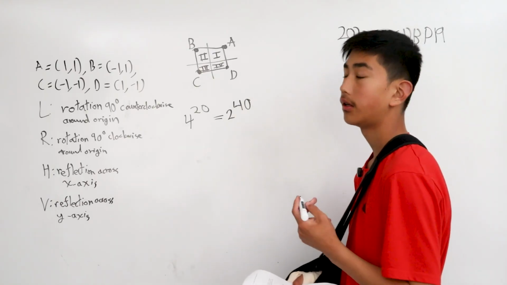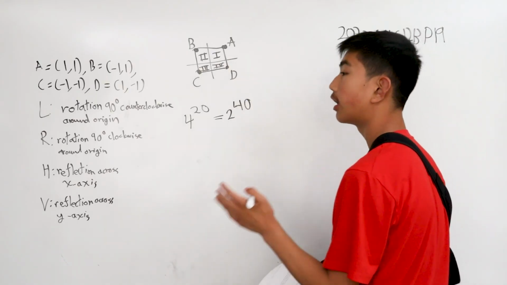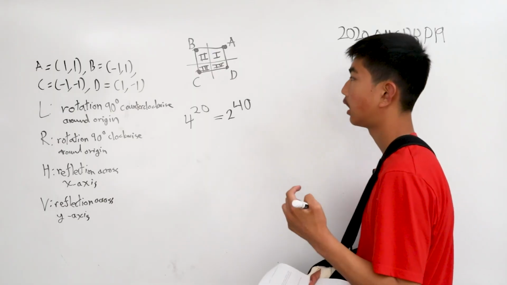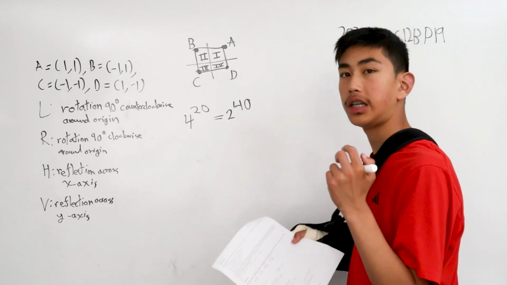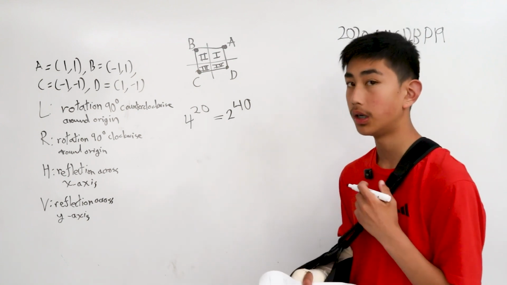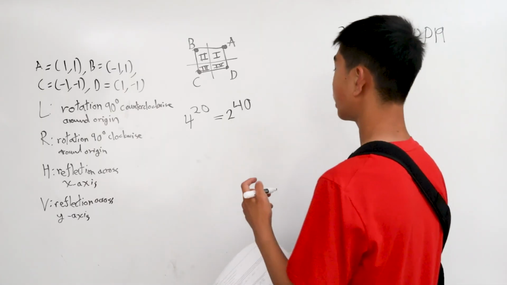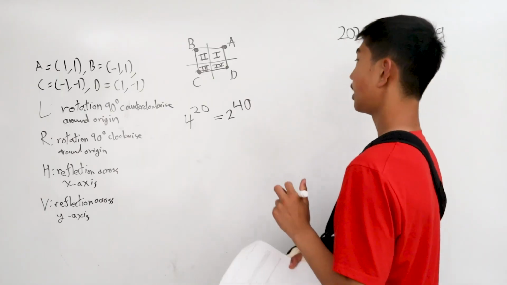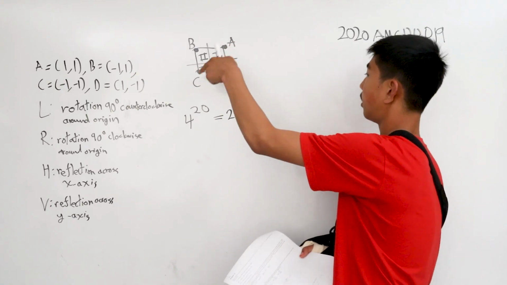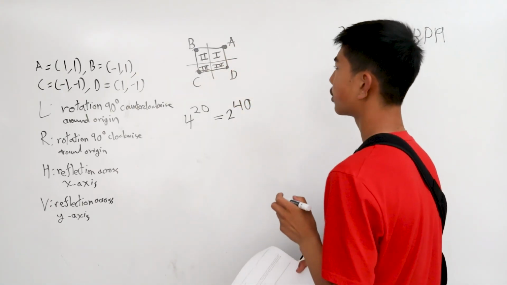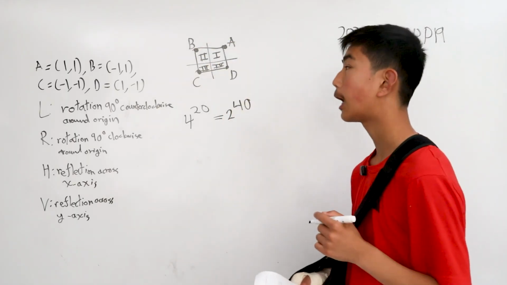So basically, all that matters is that it goes odd, even, odd, even, and so on. Since the parity alternates, and 20 is a multiple of 2, we know that point A is going to land in an odd quadrant. We just don't know if point B will be where point B is right now.